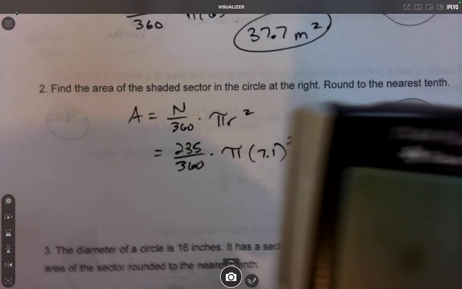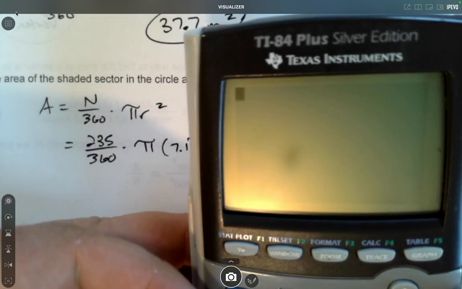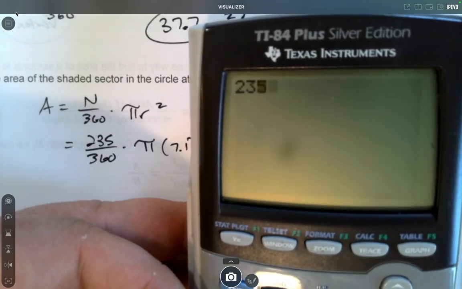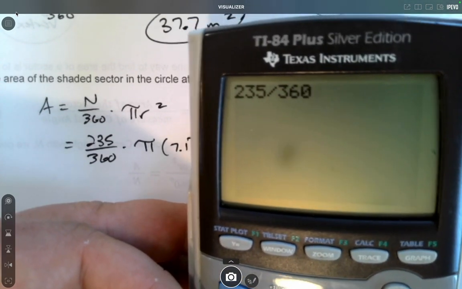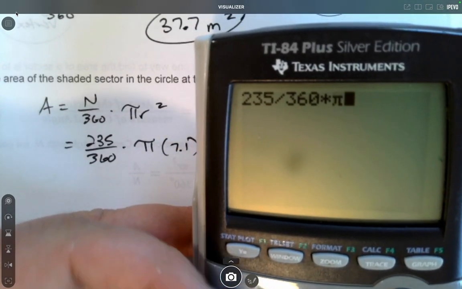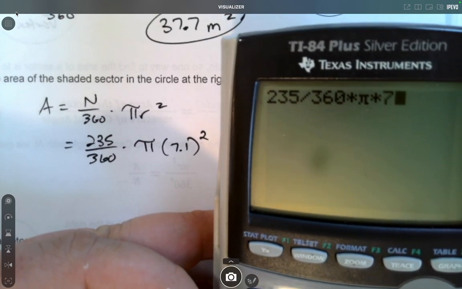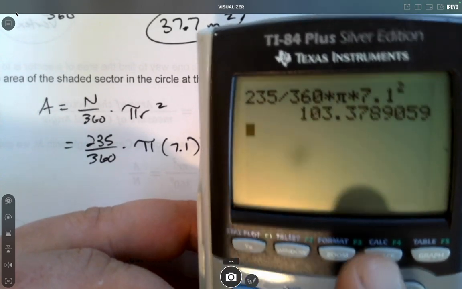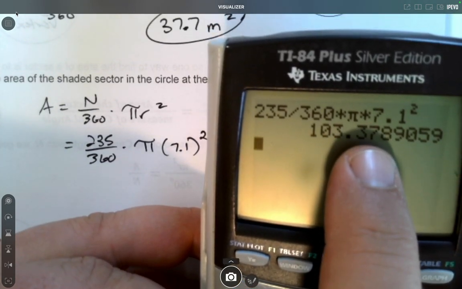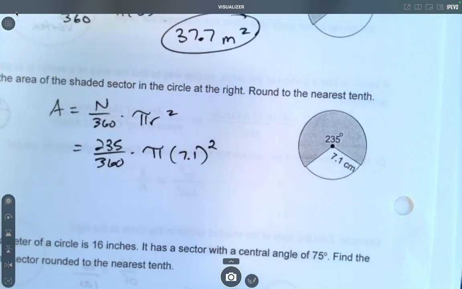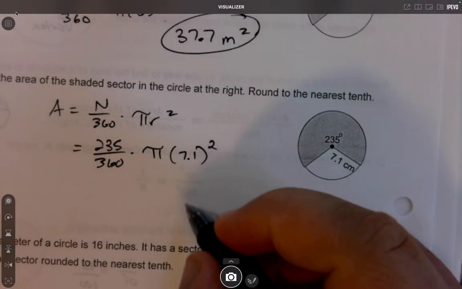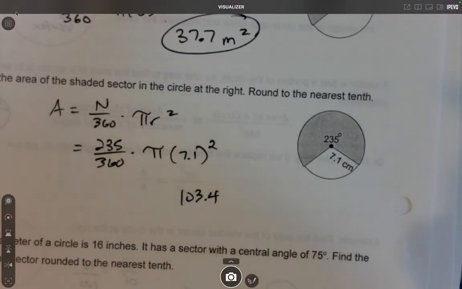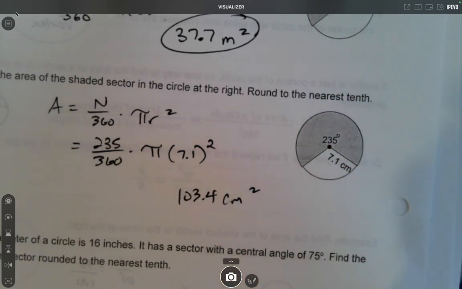We can plug it in just as we see it. 235 over 360 times pi times 7.1 squared. So rounding to the nearest tenth, we see a 3, but since that 7 is 5 or bigger, we round it up to a 4. So it's 103.4 centimeters squared, or square centimeters.